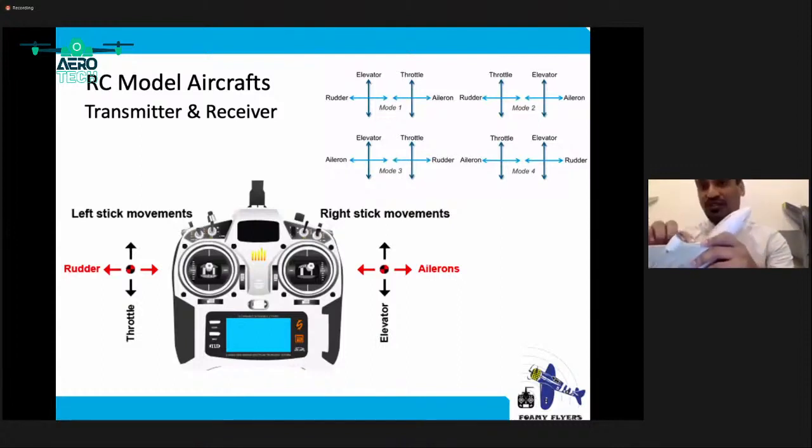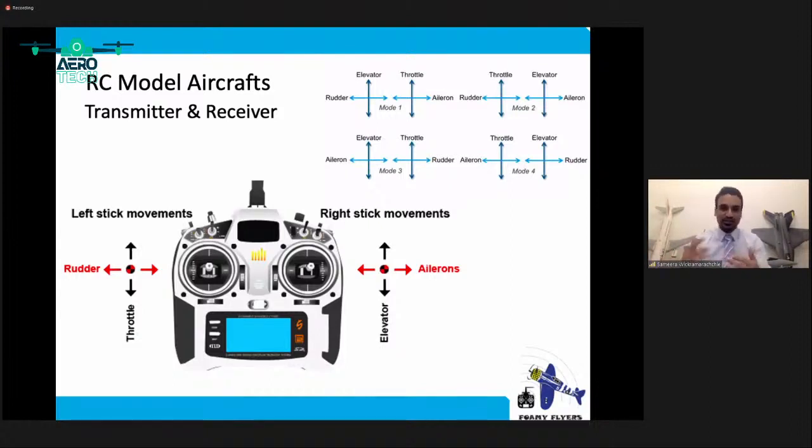So when you're designing something with a lot of payloads, you need to consider that if I put this payload in this particular area, the CG will move. According to that, you will have to counterbalance it from the other side. Doing such things, you might end up with an aircraft which is too heavy to fly. So you'll have to consider these things and get yourself into the right balance, and then you'll have a proper airframe.